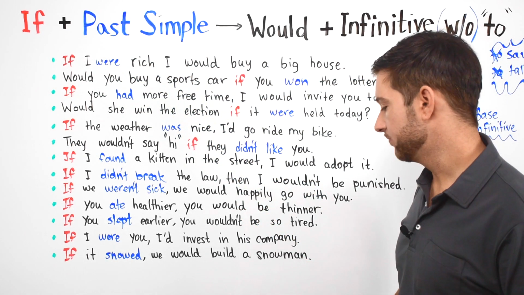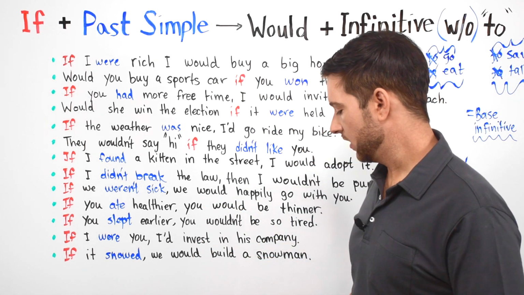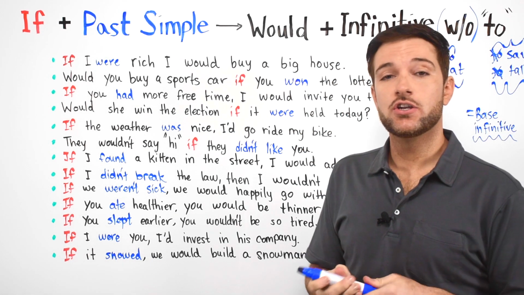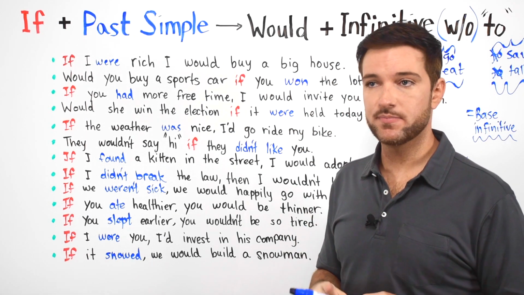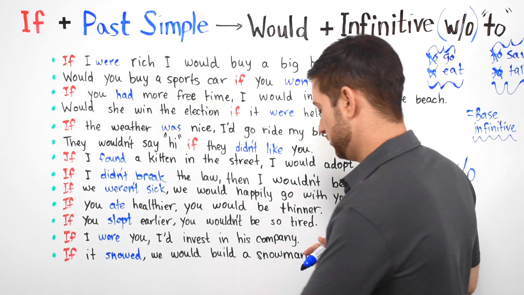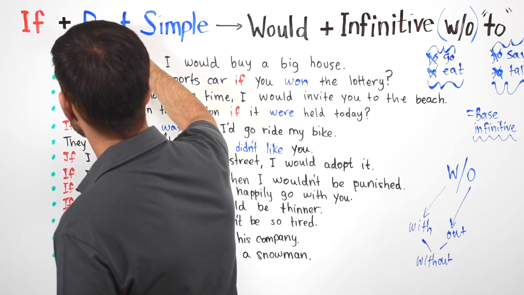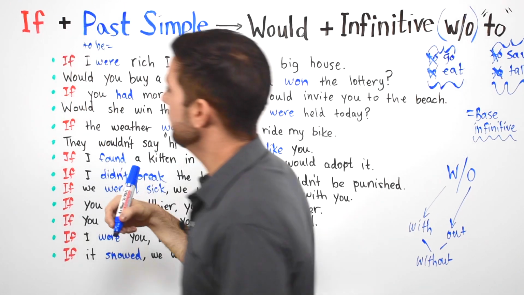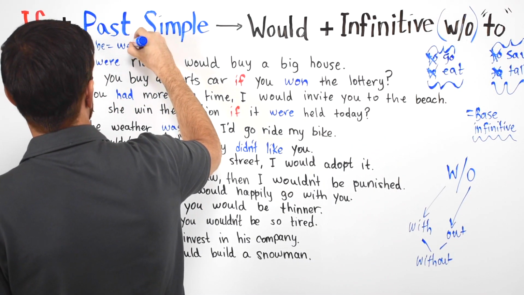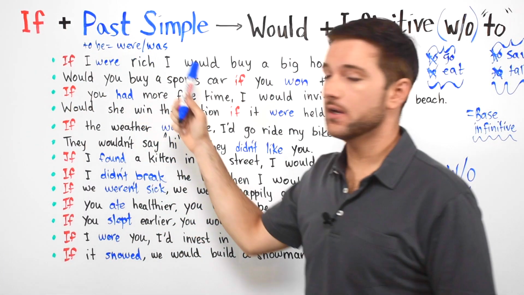Stop. Guys, I want to show you something. I just want you to take a look here. Notice that in English, when we use this type of conditional, which is the type 2 conditional, the conjugation of the verb to be, because were is from the verb to be. And remember, the past simple of to be is were and was.